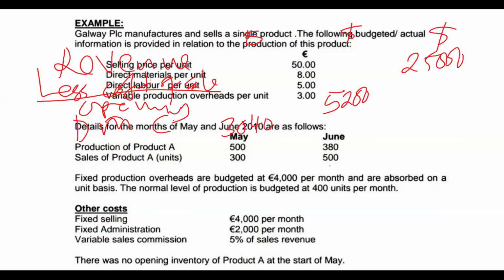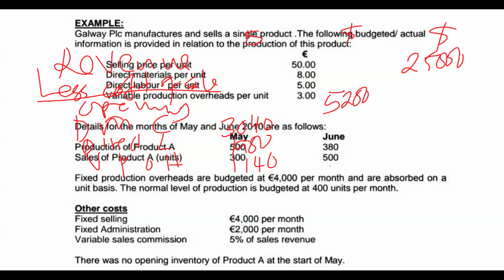And again, 5 times 380 for direct labor, 1,900. What about 3 times 380 for variable production overhead? 1,140.